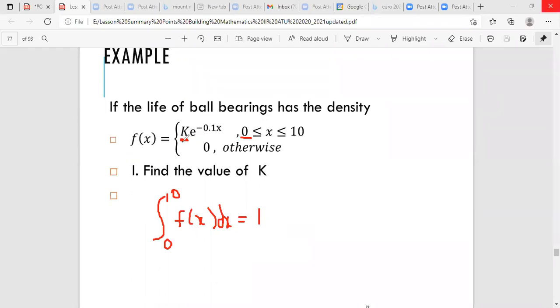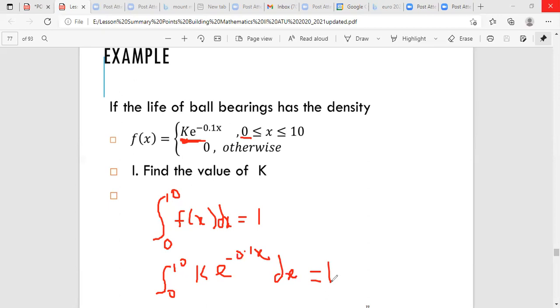F of x has been defined as k times e raised to the power negative 0.1x. So we can also write the integral from 0 to 10 of k times e raised to the power negative 0.1x, with respect to x, dx, is equal to 1.